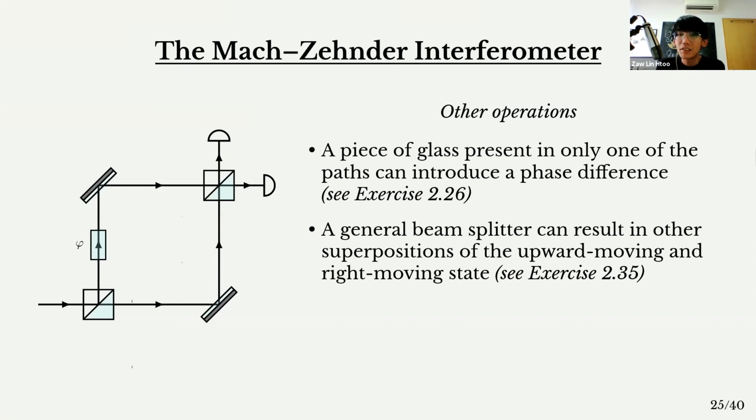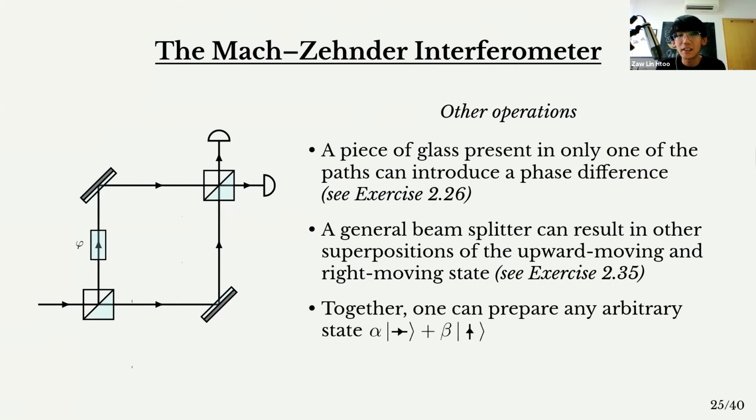Because you can do any ratio of up and right you want, and with the piece of glass, the phase shifter, you can introduce any phase difference that you want, you can use all of this equipment to prepare any state that you want within the space of the right moving photon and the upward moving photon.